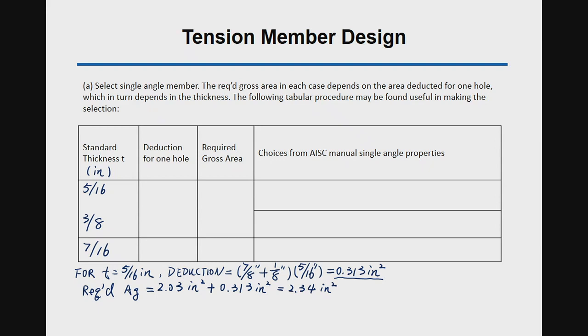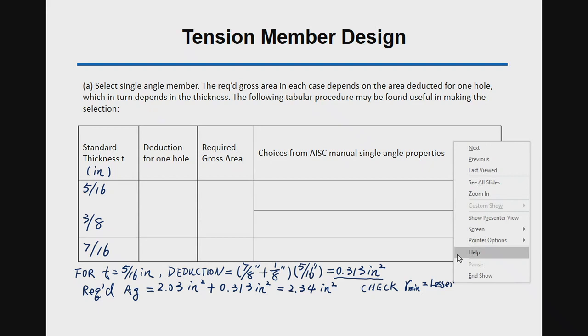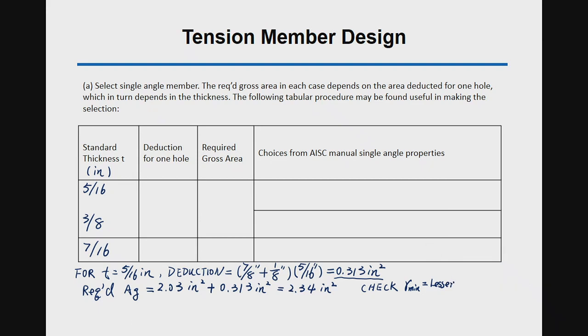And then check r min. And r min is the lesser of rx and ry, right?